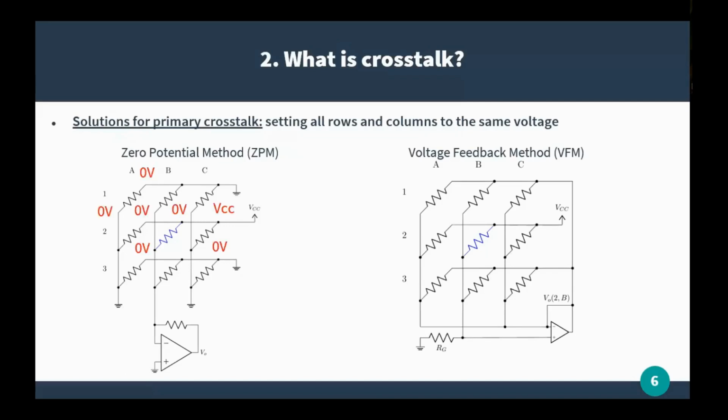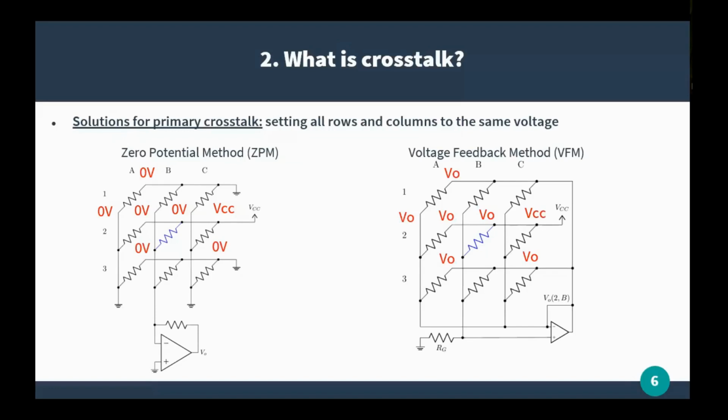In this case, all the columns and rows are set to 0, except the one that has been connected to the continuous voltage. And on the voltage feedback method, it's something similar, but the output voltage is rerouted to the circuit again, and all the sensors are set to that voltage instead of 0 volts.